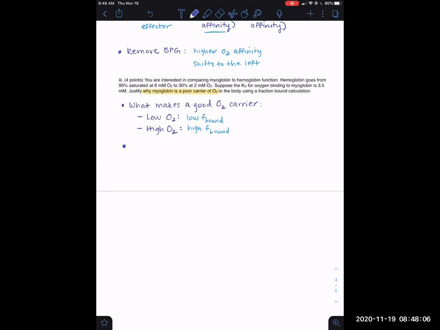Since myoglobin does not exhibit allostery, the equation that we can use to calculate fraction bound is simply the concentration of ligand over ligand concentration plus Kd.